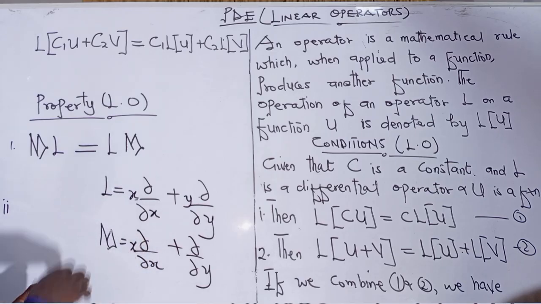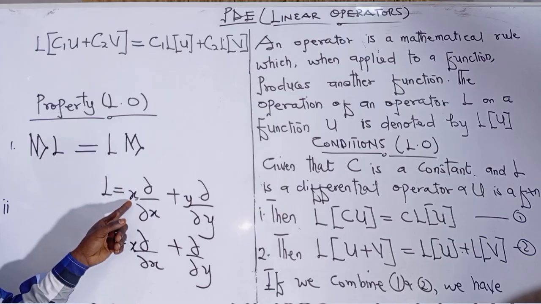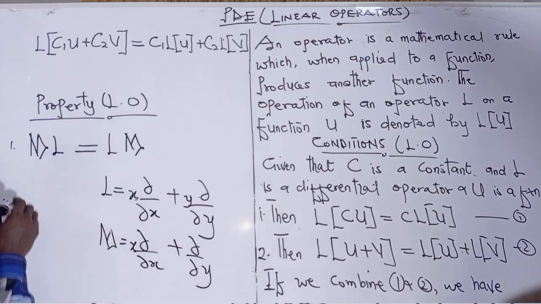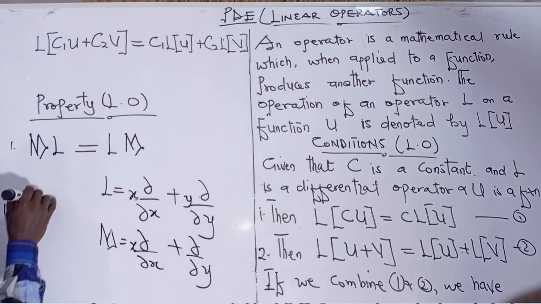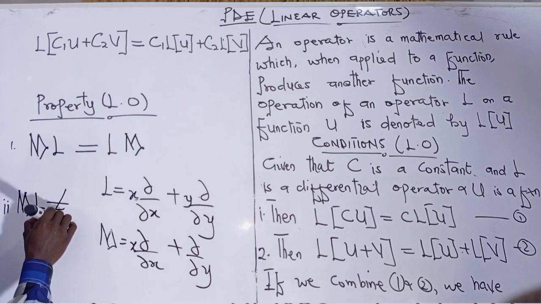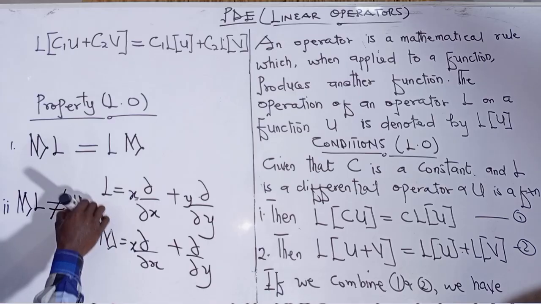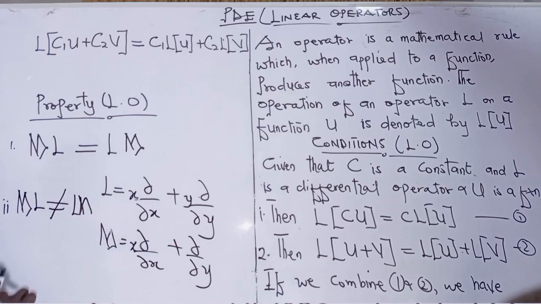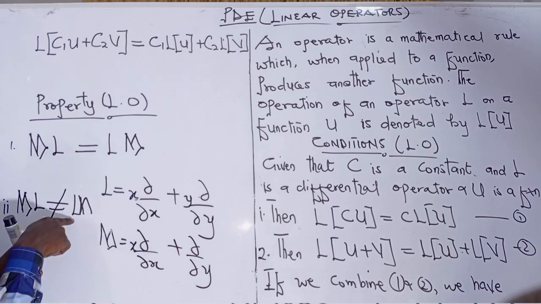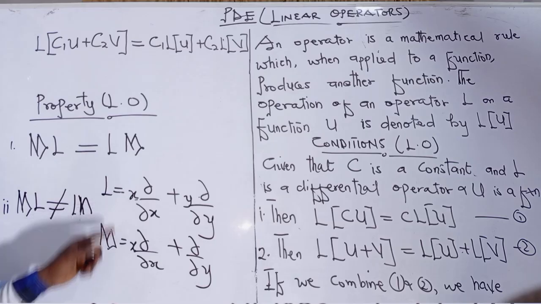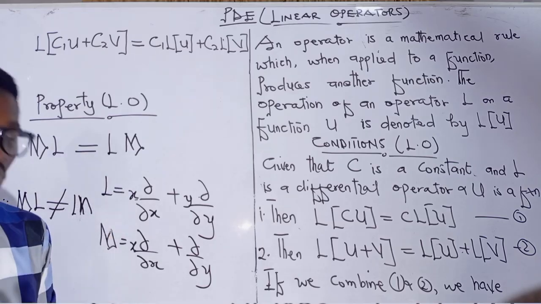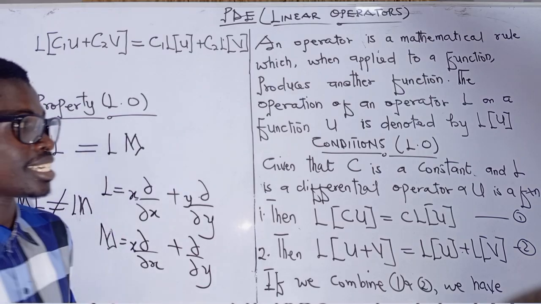Now I can see that these operators have the variable x as their coefficients, and when this happens, ML is not equal to LM. It means that when you operate M on L, it is not going to be the same as operating L on M when the coefficients of these operators are variable. Very, very easy and simple.